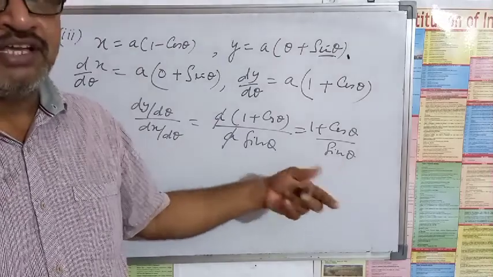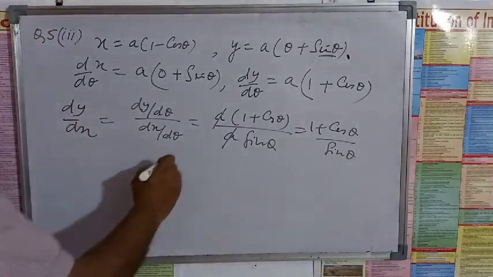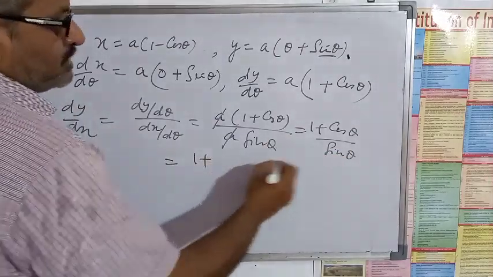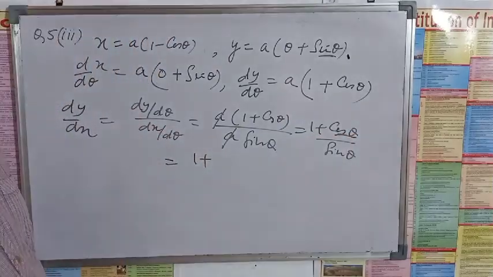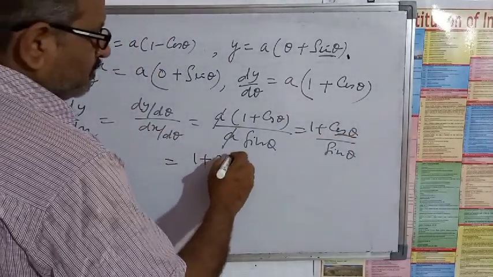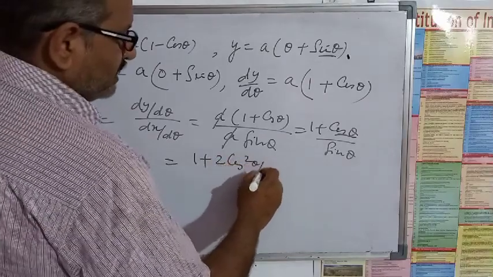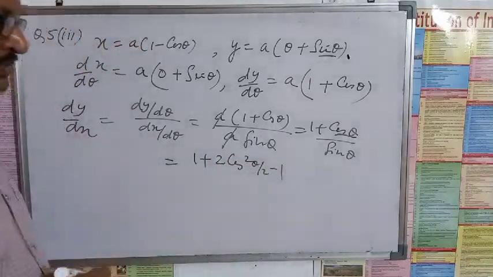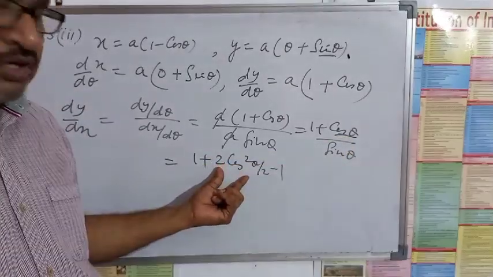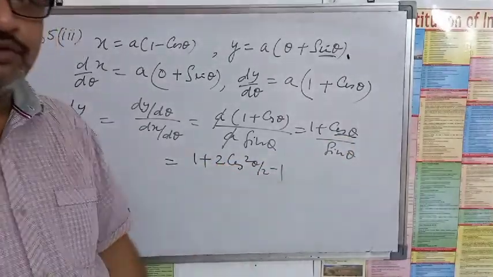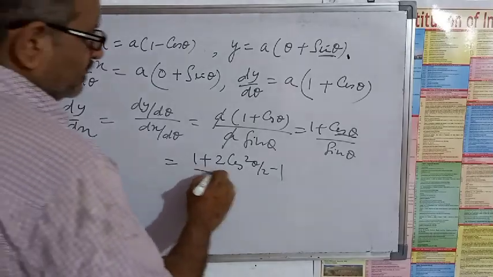We can simplify it more. Write the formula of 1 plus cos theta in terms of half angle: cos theta is 2 cos square theta by 2 minus 1.